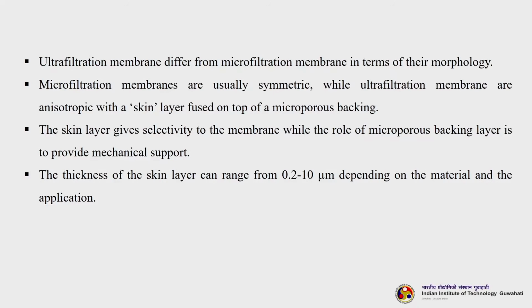Ultrafiltration membranes differ from microfiltration membranes in terms of their morphology, because ultrafiltration membranes are usually asymmetric membranes. So, we have a skin layer, we have discussed this many times. There is a skin layer which is fused on top of the microporous backing, or microporous support actually. The skin layer gives selectivity to the membrane, and the role of the microporous backing layer is providing the mechanical support. The thickness of the skin layer can range from 0.2 to 10 micron, depending on the material and application.